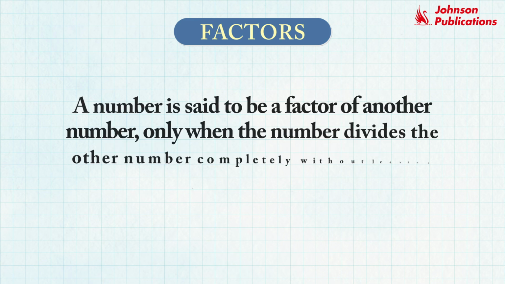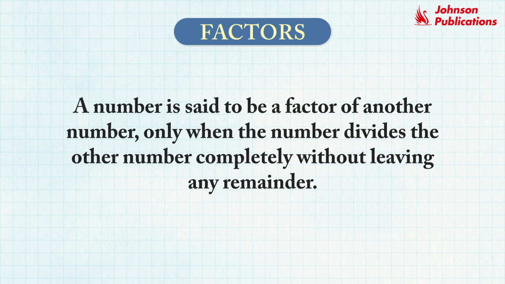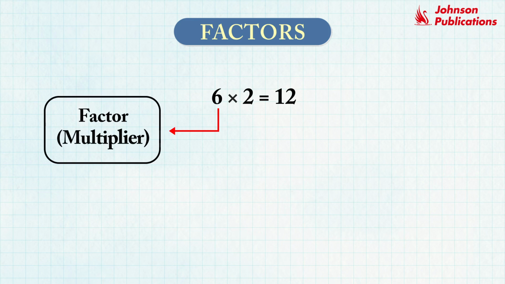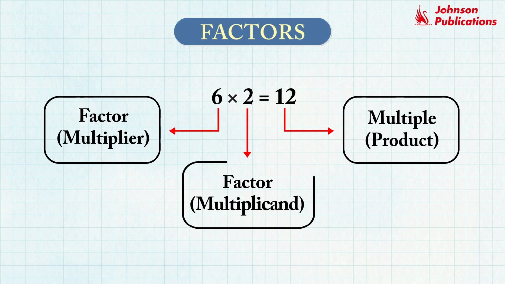A number is said to be a factor of another number only when the number divides the other number completely without leaving any remainder. Look at this multiplication sentence. The numbers 6 and 2 are called the factors and 12 is called the multiple.